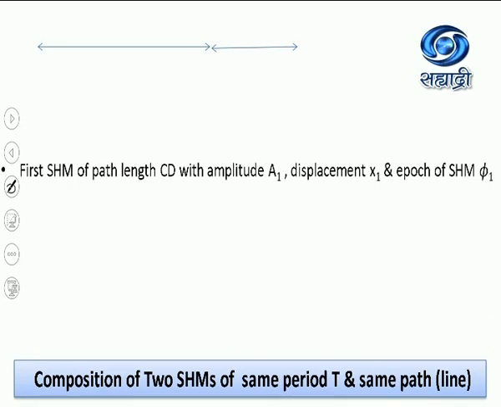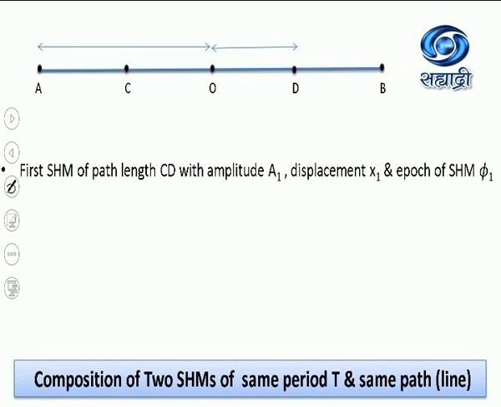The first SHM of a particle will take place along the path, say CD, with amplitude A1. Let the corresponding displacement be x1 and the starting phase or epoch for that SHM be phi 1. So as per the diagram here, O represents the mean or equilibrium position of the particle.